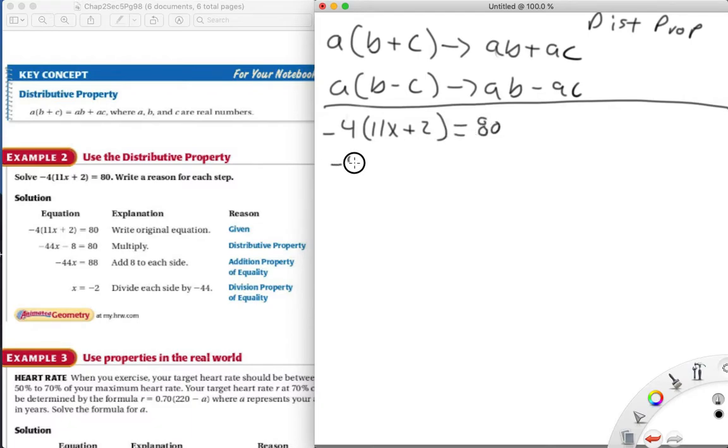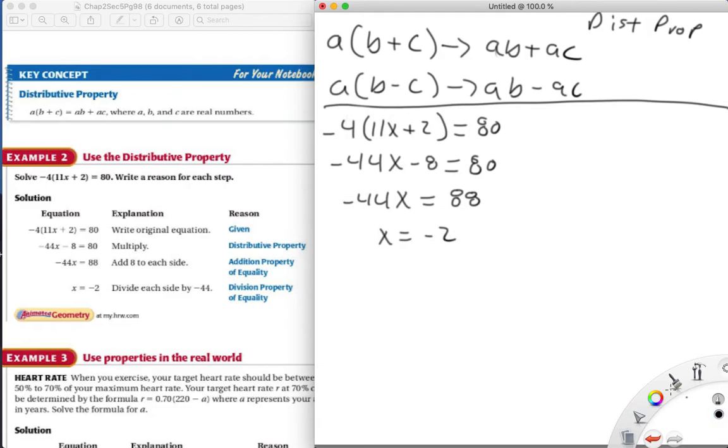Then we have negative 44x minus 8 equals 80. Then we have negative 44x equals 88. And then we have x equals negative 2.